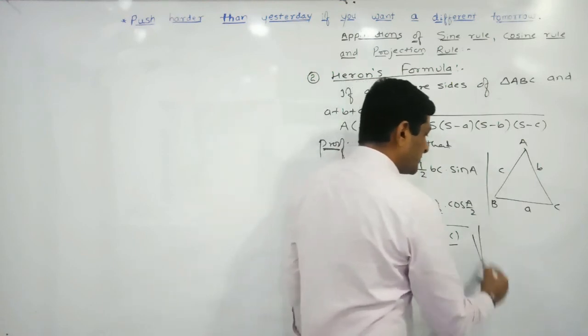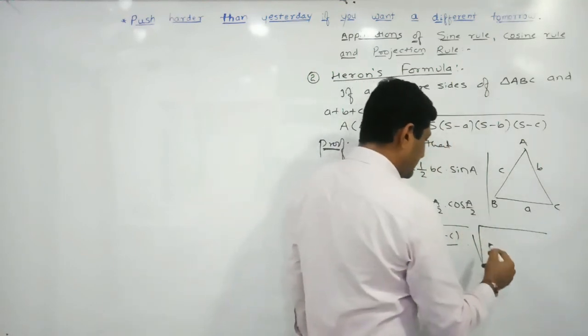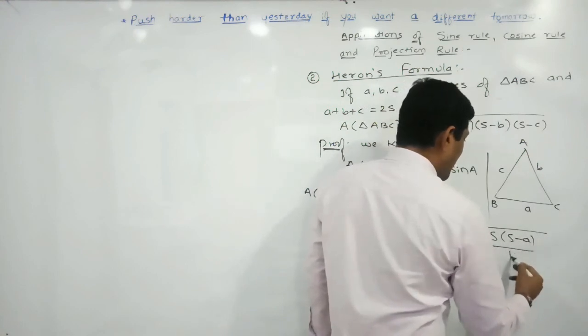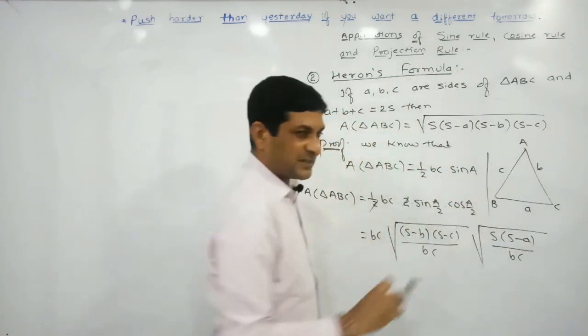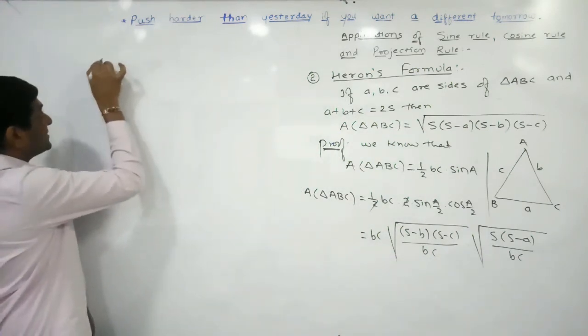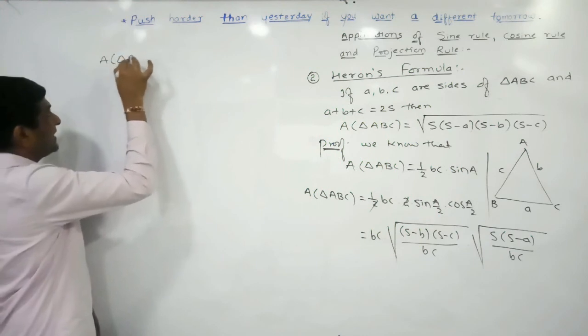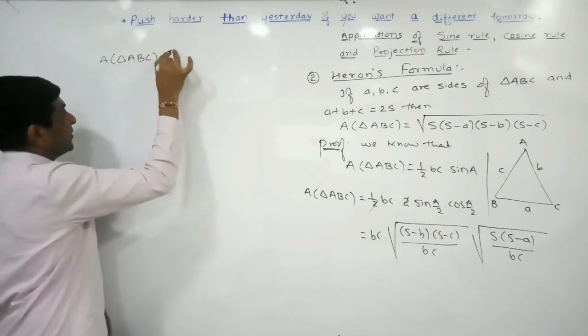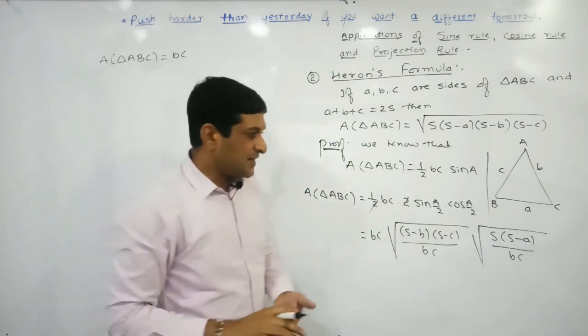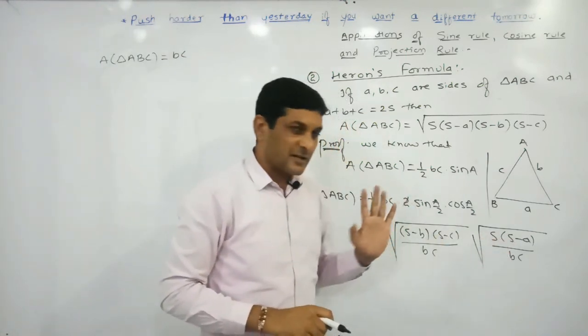And again, according to the half angle formula, cos A by 2 is equal to root of s(s minus a) upon bc. We have just substituted the values according to the half angle formula. Now keep the left hand side, area of triangle ABC, as it is. On the right hand side, bc also as it is. Now first we are taking the product of the numerators.